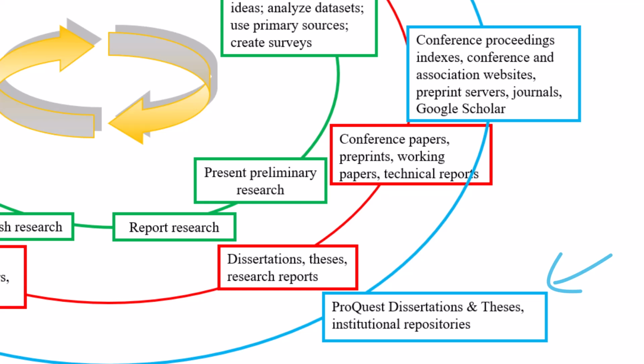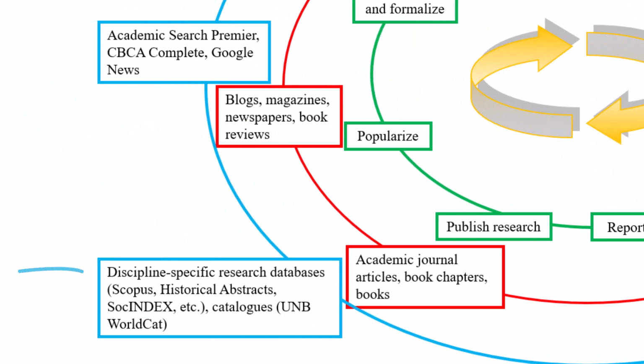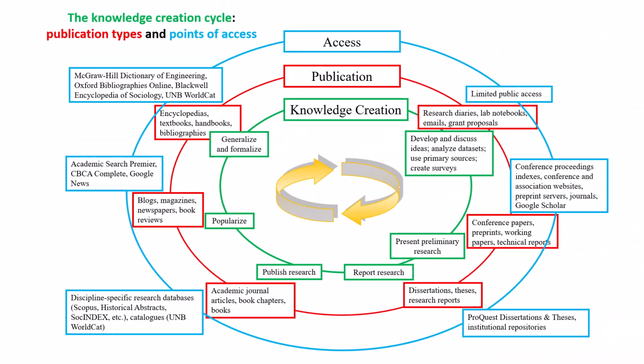You can find more formal research reports, including theses and dissertations, in institutional repositories and databases such as ProQuest's Dissertations and Theses. Academic journal articles and some book chapters can be accessed through academic databases available via UNB libraries, while you can search for books in the library catalog.